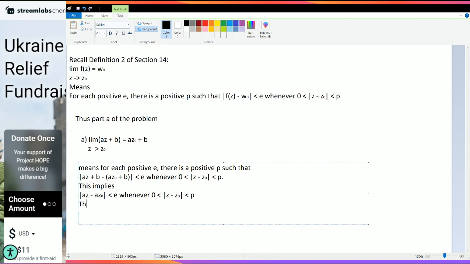But this also implies that the distance z minus z naught is less than epsilon divided by the modulus of a whenever 0 is less than z minus z naught is less than delta. Well, let delta equal epsilon over a. And we are done.